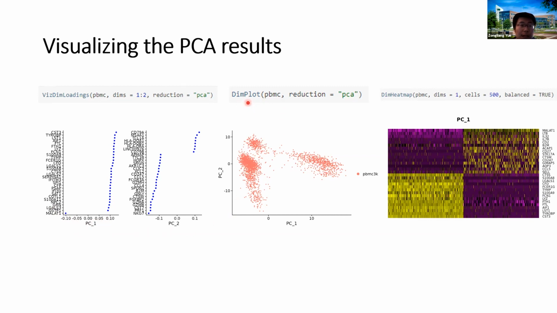Also, in the DimPlot, you can see the spatial information, with the top 2 principal components plotted and every cell plotted as a dot. For the heat map, you can also choose the top 10 or even top 20 genes to be seen here. And if you choose balanced, it always shows a case-control view of upregulated or downregulated scenarios here.